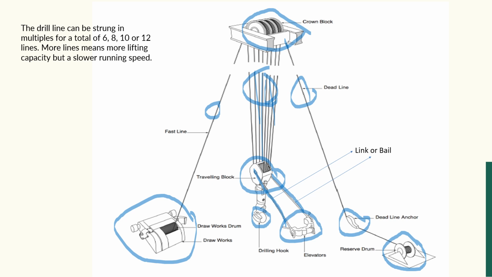So it is mechanically clamped over here, so this line is not moving. And when the line is reeved over the drawworks drum, at the last part it is also mechanically clamped on the drawworks drum, for the stability, for the tension.